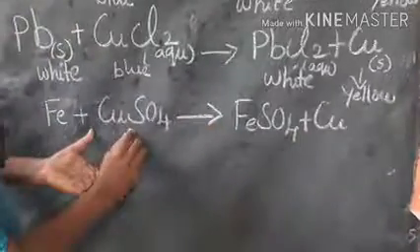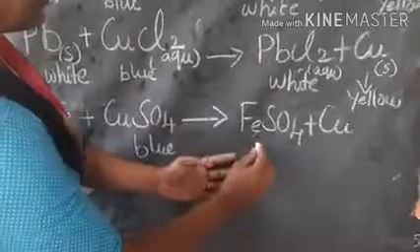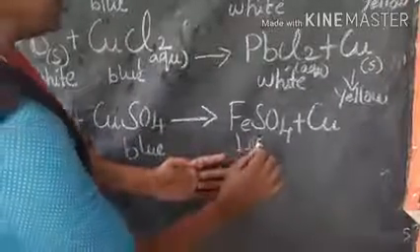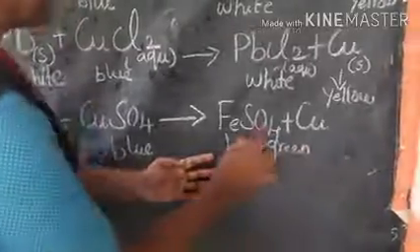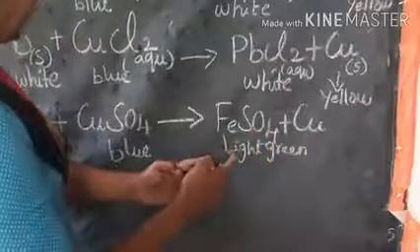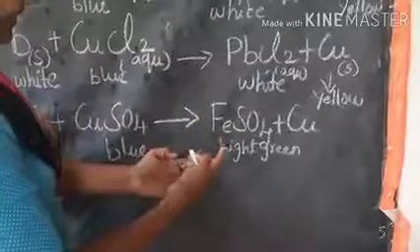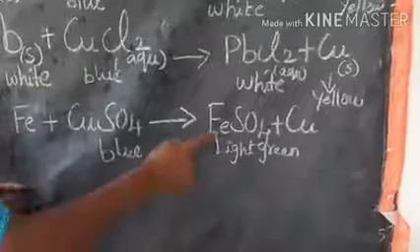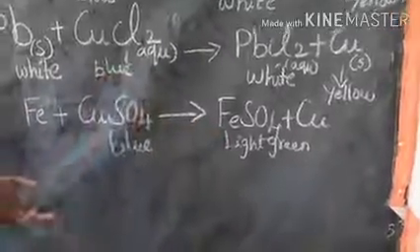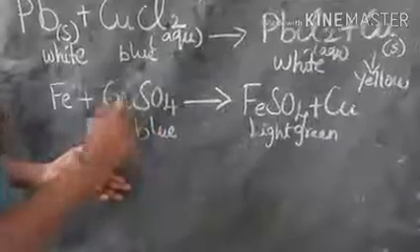So here it is a blue color solution. After the reaction, it changes into light green, because iron sulfate color is light green. Already I have shown you when it is heated. To learn displacement reaction, okay, this activity, now let us see.